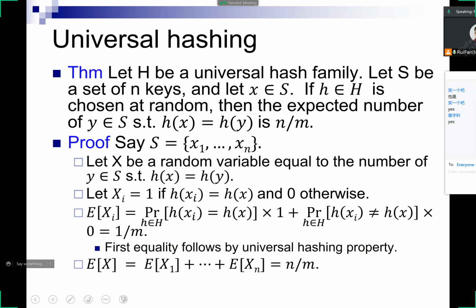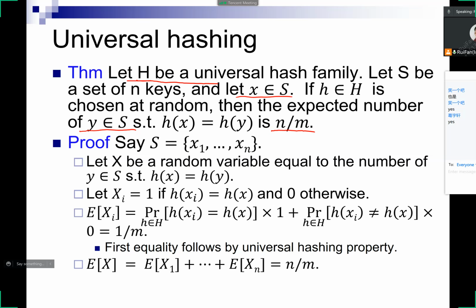So if you have a universal hash family, and we're going to see how to construct this, then for any element x in your set, the number of other elements y in the set which collide with x is expected to be n divided by m.